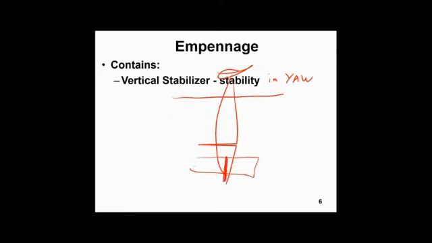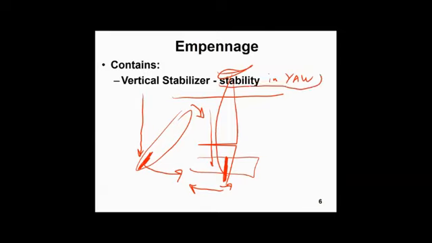But let's look at the vertical stabilizer. If this tail tries to go off to the side, then the slipstream coming down is going to hit the tail and push it back. So if here's our fuselage and here's our vertical stabilizer, and the airplane yawed to the right, the airflow is going to push that tail and make us go straight again. So that's how the vertical stabilizer gives us stability in yaw.